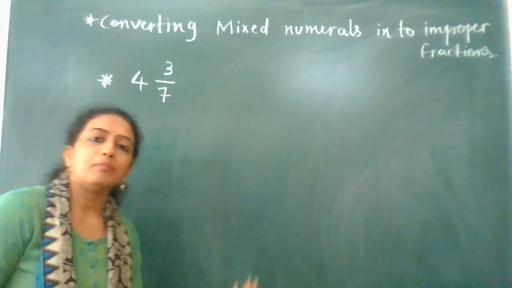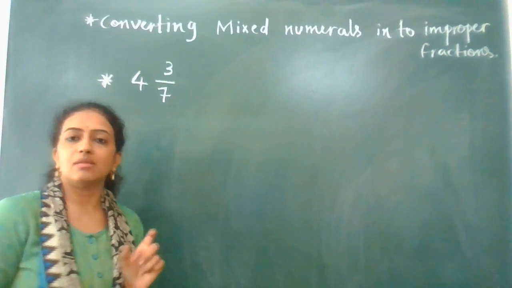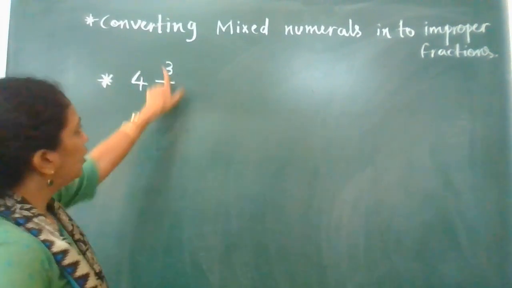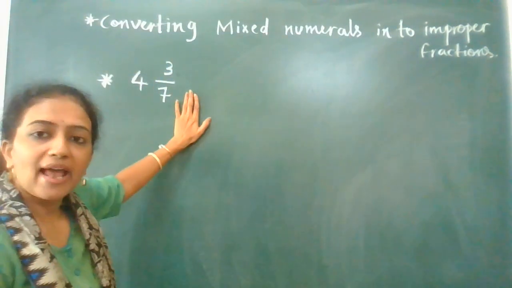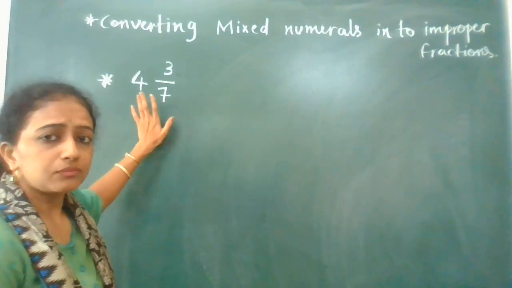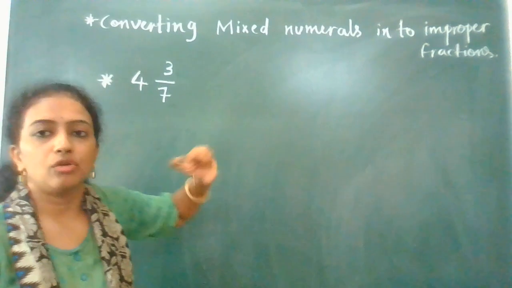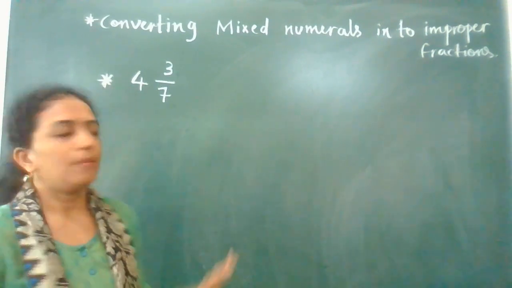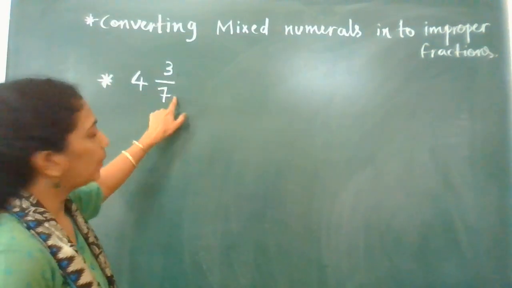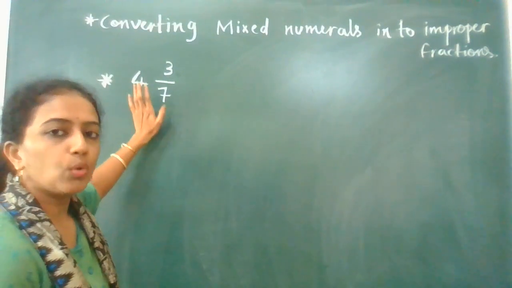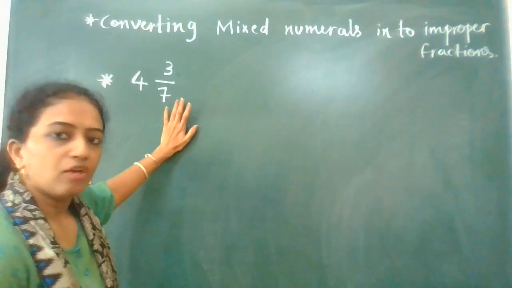Okay, so always remember, in a mixed numeral, meaning the mixed fraction, you will always have a proper fraction with the whole number. If you get an improper fraction here, then it is not correct. It will always be a combination of a whole number and a proper fraction.